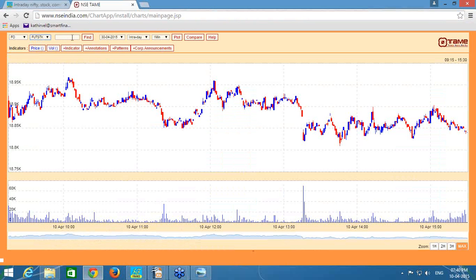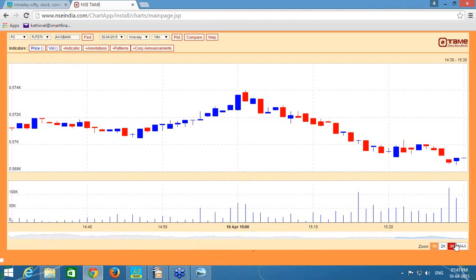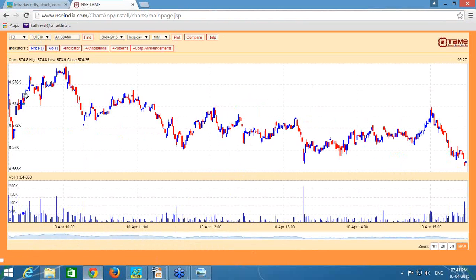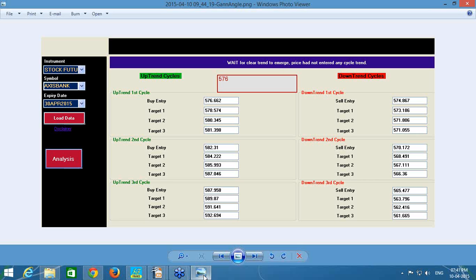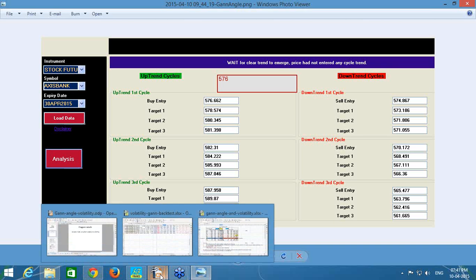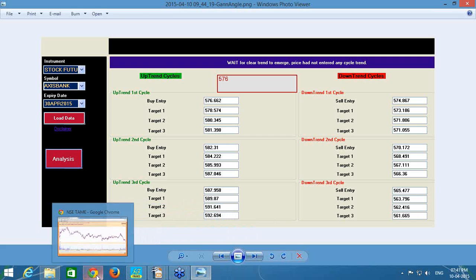Future stock, Axis Bank, plot. So in fact, this is being taken at 9:44. We have taken this particular reading at 9:44, and what happened?